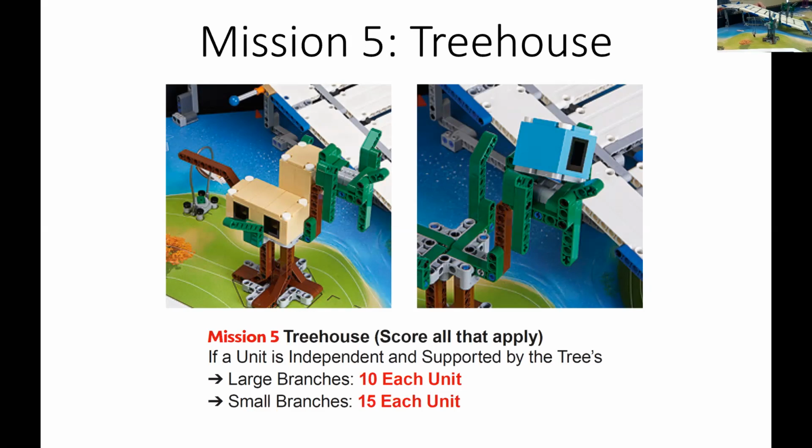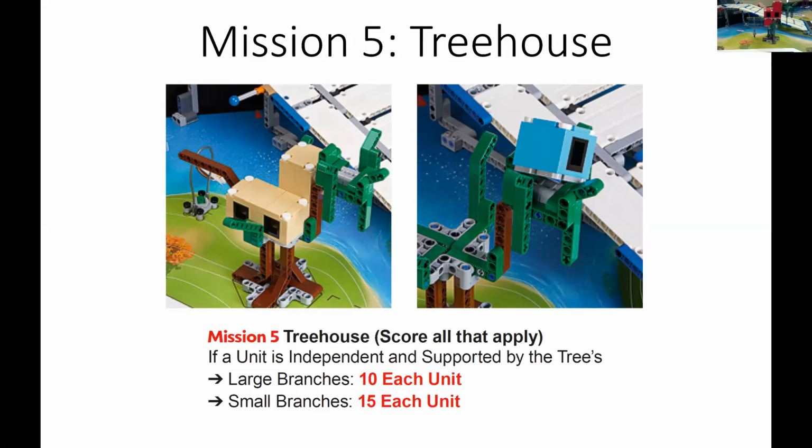So if the robot manages to bring this and set it like that, then that counts. My reading on this is that you can't do this. The second one is no longer supported by the trees. Well, no, it is. It's not supported only by, but it is supported by the branches.